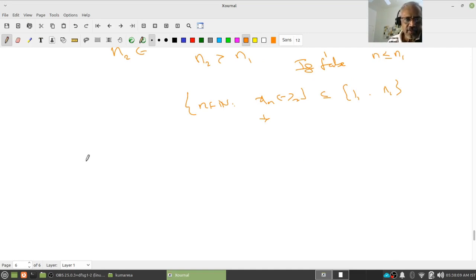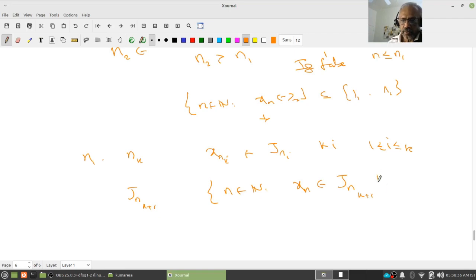Right. So now suppose I have chosen n1, n2, ..., nk, so that xni belong to Jni for each i less than or equal to k, right? Now let's look at J(k+1). Now again the same trick. Let us look at n in N so that xn belong to J(k+1). This is an infinite set, right?